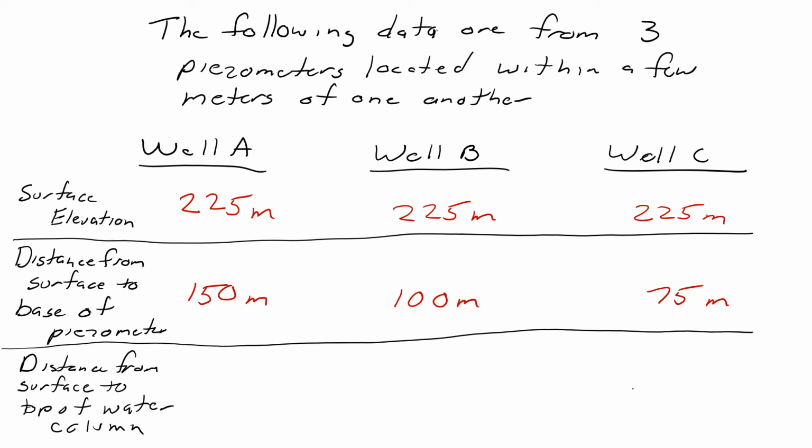And in all cases, water rose up into the piezometer, meaning it was under pressure. So in this first one, the distance from the surface down to the top of the water is 80 meters. In the next one, it was 77 meters. And in the third one, it was 60 meters.